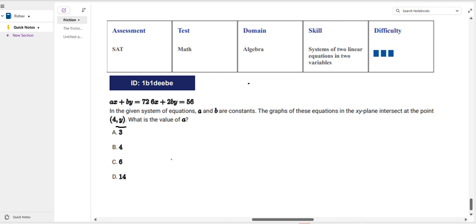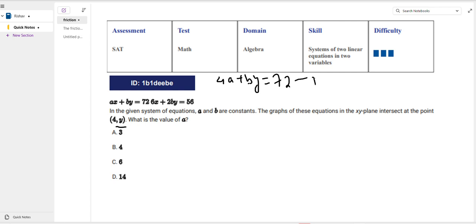Let us first substitute 4 comma y in both of the equations, and we get 4a plus by equals 72. This is equation 1, and the next equation is 6 fours are 24 plus 2by equals 56.